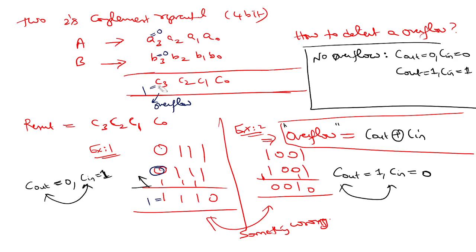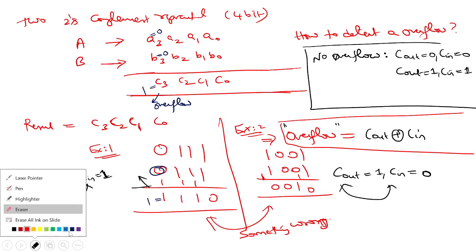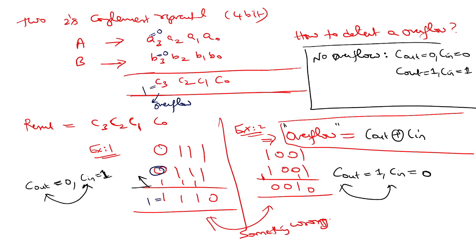Forget about C out and C in for some time. There is one more concept I'm teaching. If A3 is 0, B3 is 0 and C3 is 1, then there is an overflow. Do you guys agree or not?